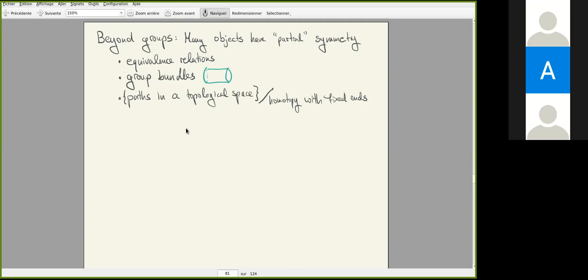And maybe also an example from algebraic topology that's also relatively elementary. You take all the paths in a topological space and you mod out homotopy with fixed ends. Then this object here carries a natural algebraic structure because you can concatenate paths and you can also concatenate homotopy classes of these paths, but you cannot concatenate all the paths because, I mean, the endpoint and the start point of the paths that you want to concatenate need to coincide, of course.